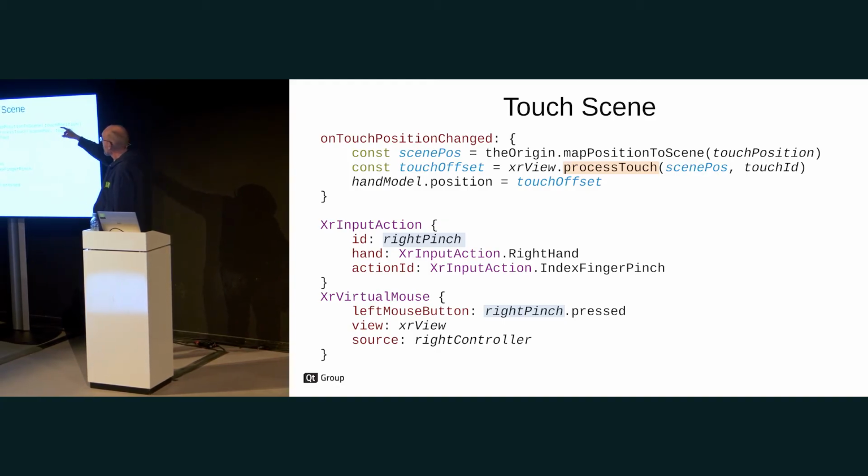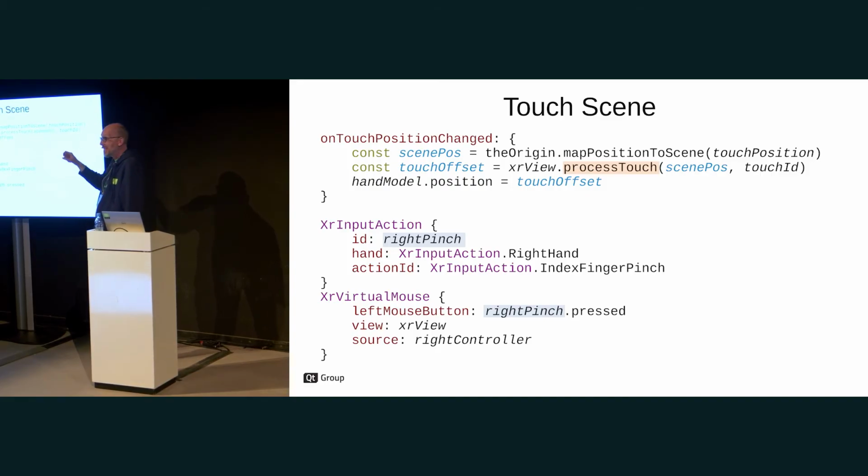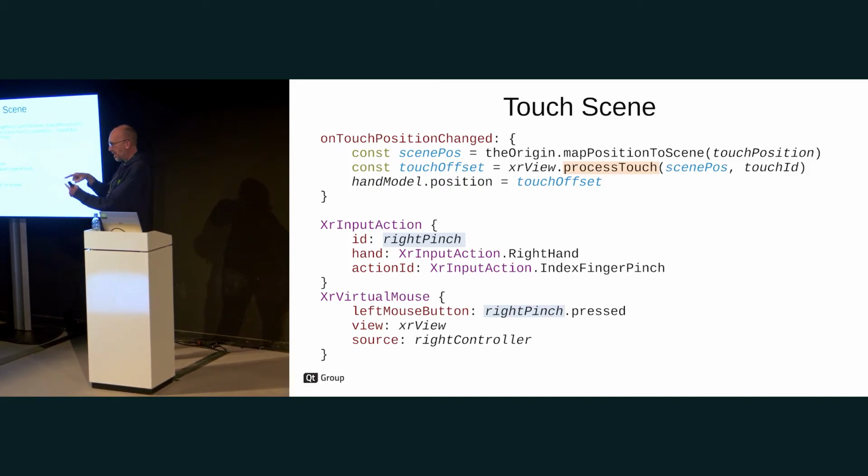The process touch function takes the position of the hand, which we get from the hand tracking API, typically the tip of the index finger, although you can get the position of absolutely every bone in the hand if you really need it.